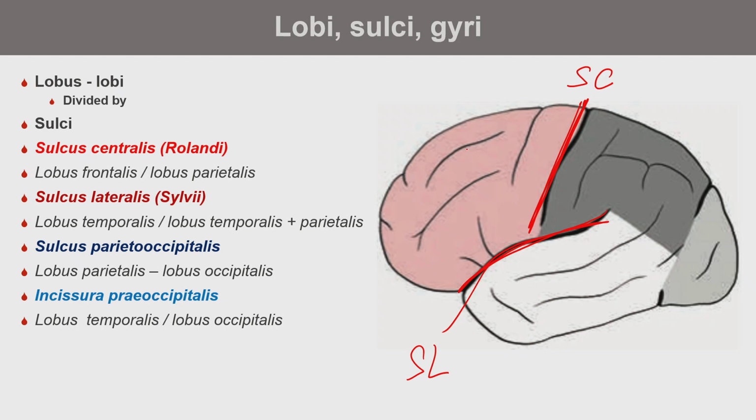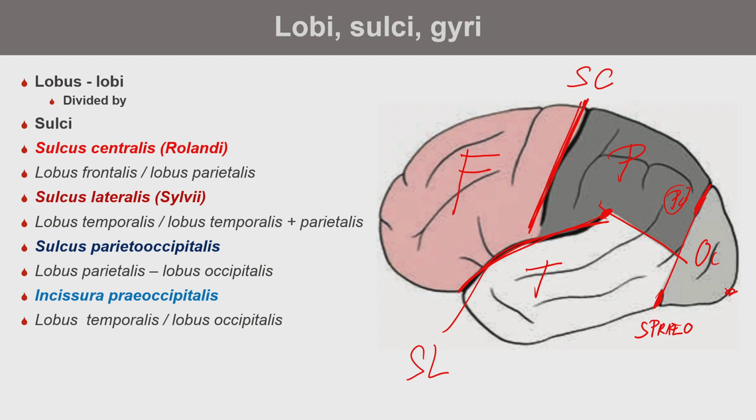We can divide the brain into the frontal, parietal, and temporal lobe. And a smaller sulcus parieto-occipitalis, and here sulcus preoccipitalis, dividing the occipital lobe, and this point and pole of occipital lobe dividing then occipital, parietal and temporal lobes.